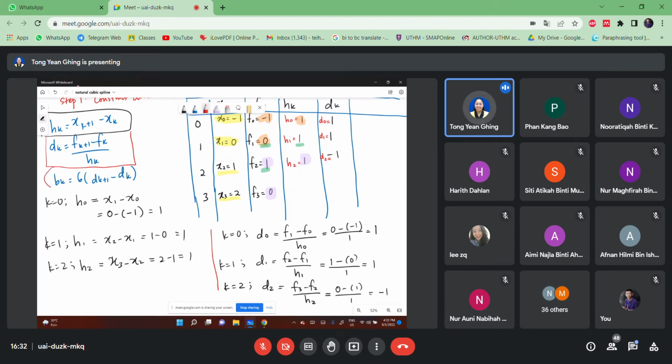Okay, now the next step, calculate this one, BK. So start with k equal to 0. Remember, we calculate this one for k equal to 0, 1 until n minus 2. So here we only need to calculate B0 and B1.